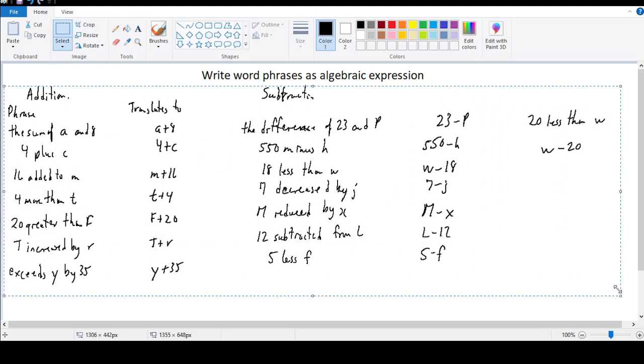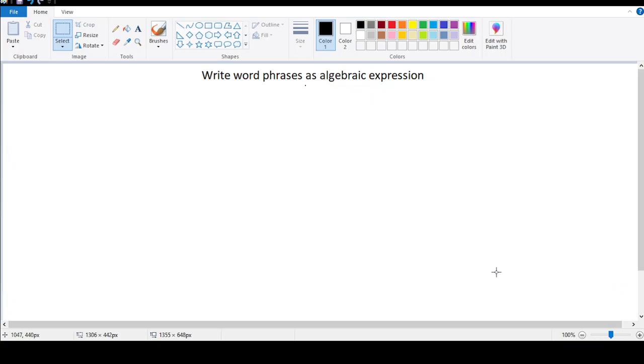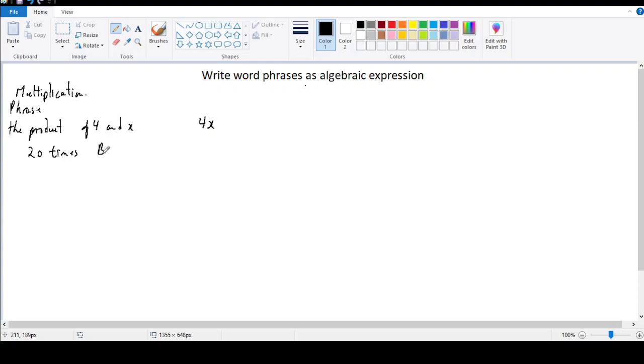Let's see how they work out. For multiplication, we have a few examples. The phrase comes first as usual, and then what it translates to. The product of 4 and x simply translates to 4x, 4 times x. 20 times b simply means 20b.